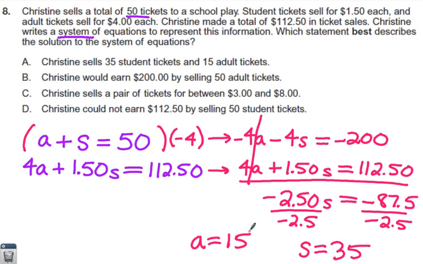And you could have literally replaced the S with 35, and then subtracted 35 from both sides, solving for A. So, okay, here we go. Choice A. Christine sells 35 student tickets and 15 adult tickets. Well, that seems like it's that. But let's check B. Christine would earn $200 by selling 50 adult tickets.